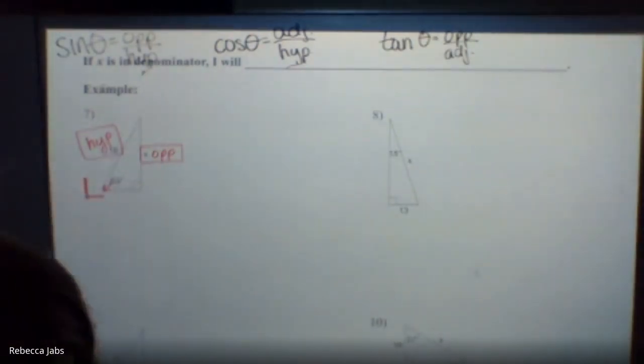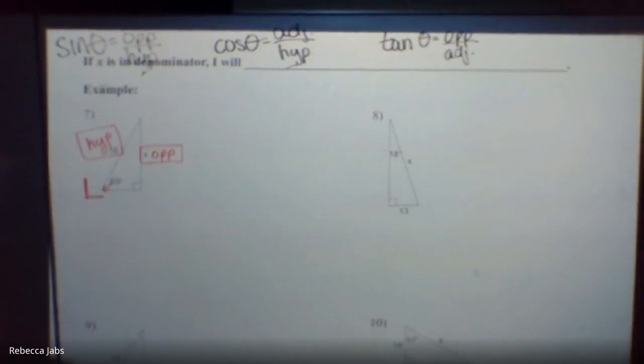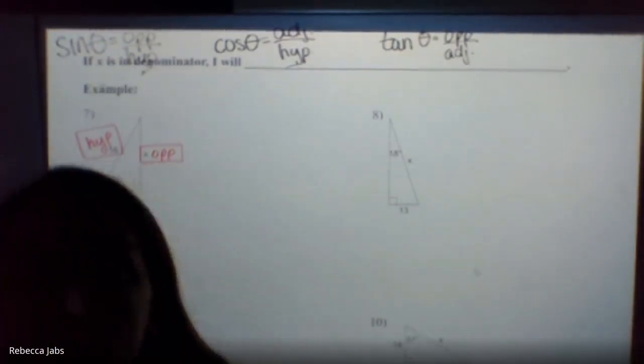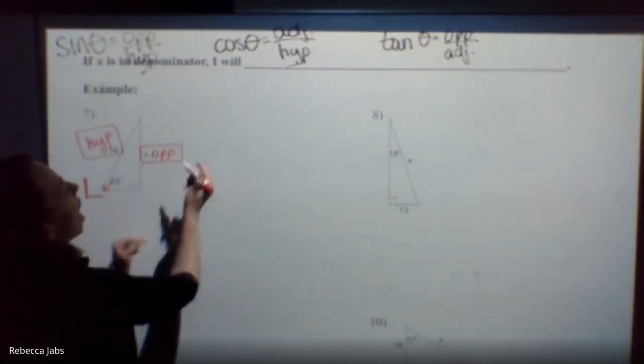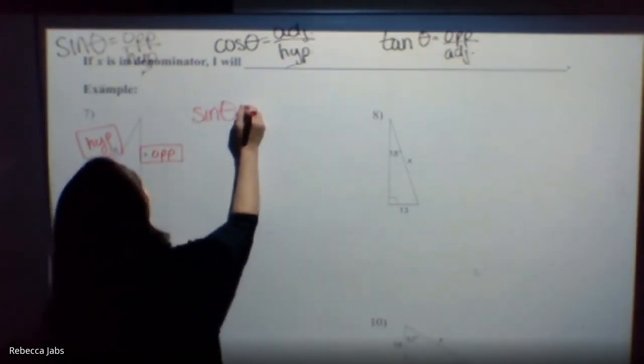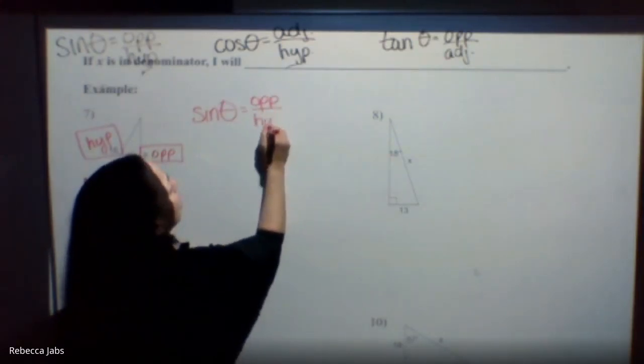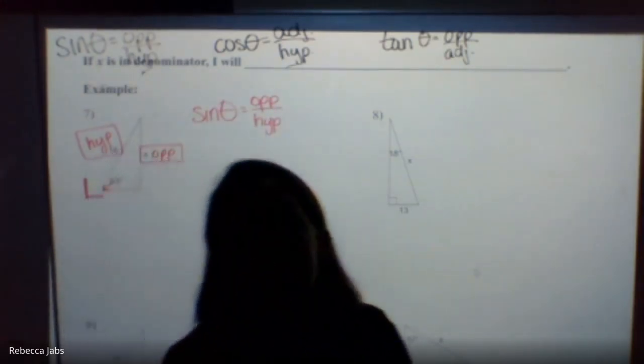Remember, we have opposite and hypotenuse. Very good. We would like to use sine. So everybody in your room for number 7, remember, I always like to write it down so people know where it comes from. And it's very easy for us to plug in numbers.